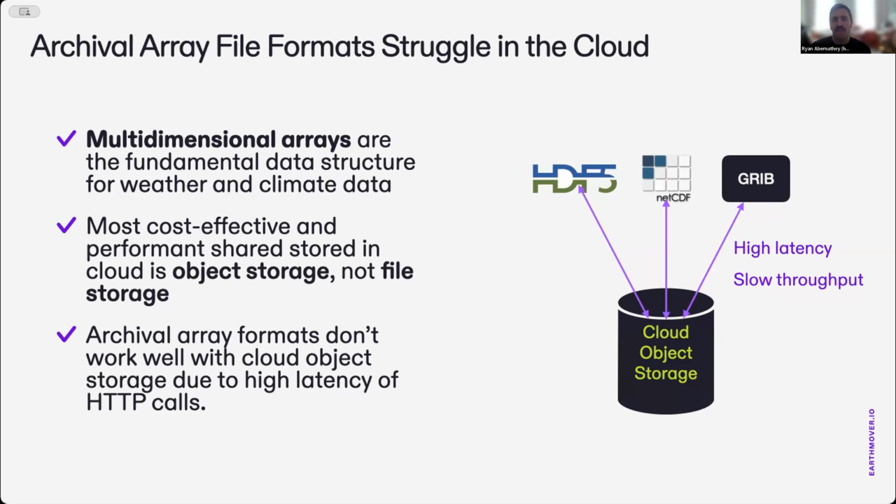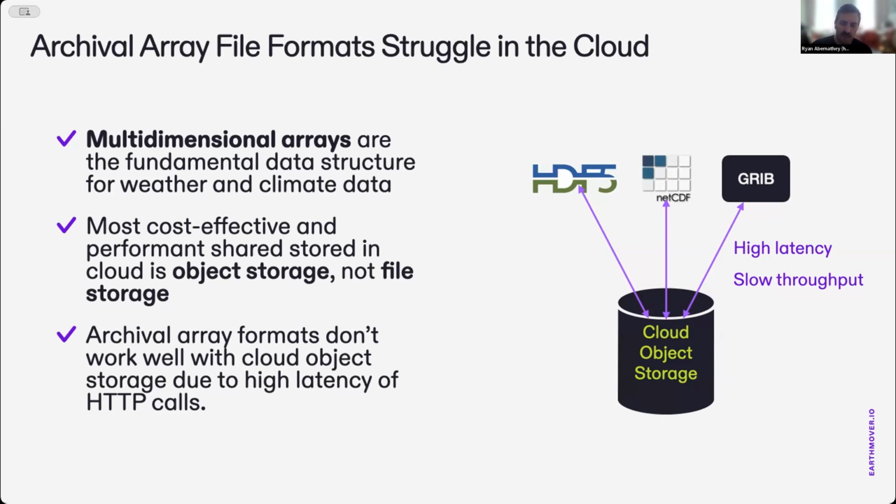We know that archival array file formats struggle in the cloud. Typical formats we use for raster data or gridded data are things like HDF, NetCDF, or GRIB. In the weather space, these are prevalent. On the other hand, in the cloud, we want to use object storage.